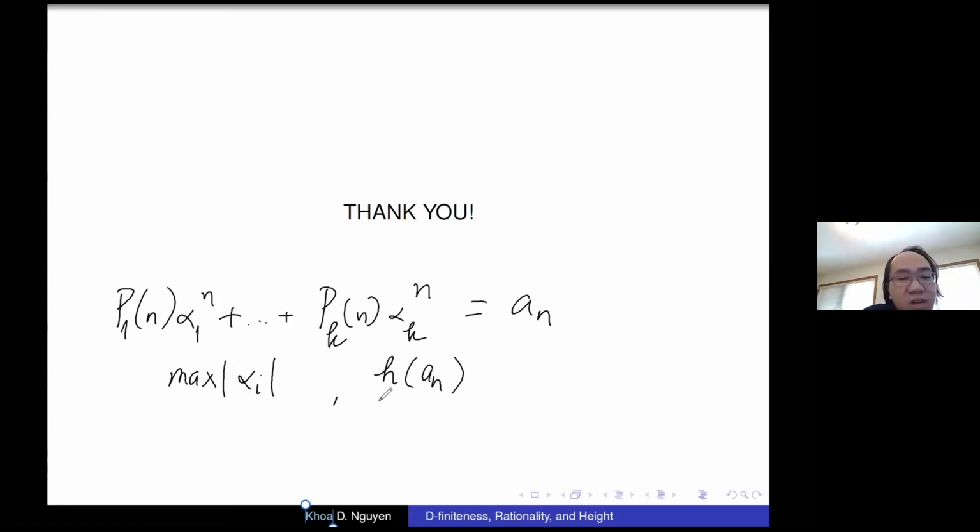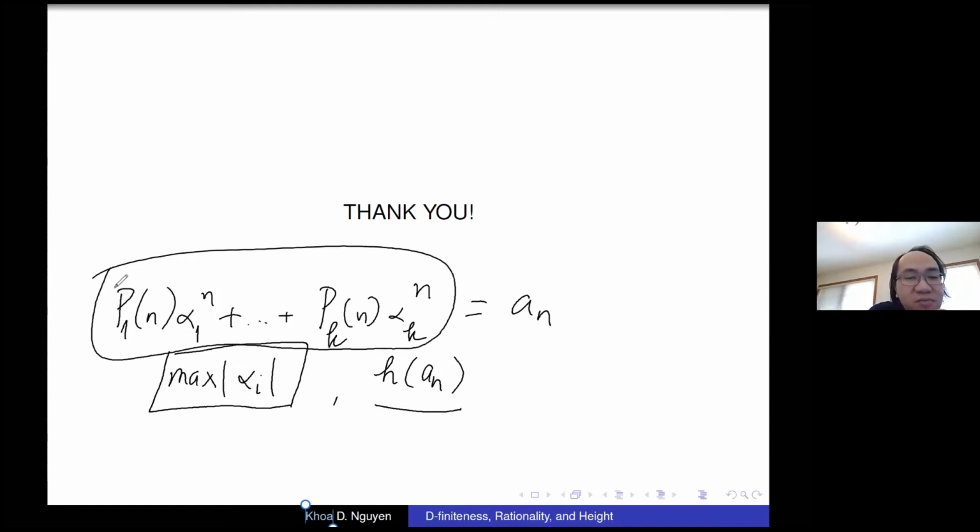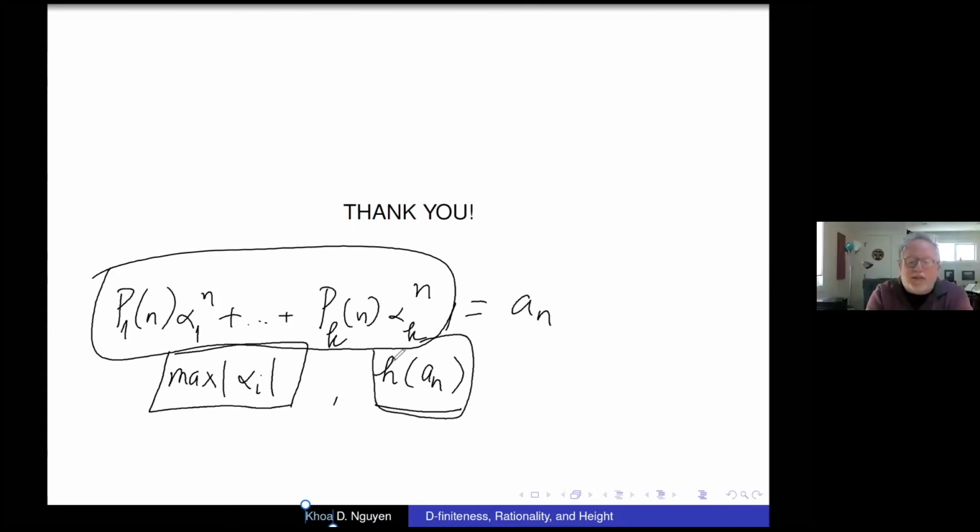If we only look at the height of an, then I think we can get rid of this quantity, but we cannot determine all these from this quantity, I think. Even if it's just order 1 poles? Well, probably there's no difference.